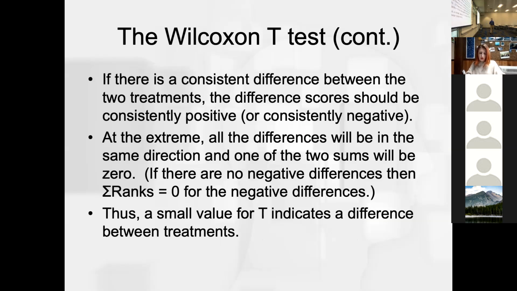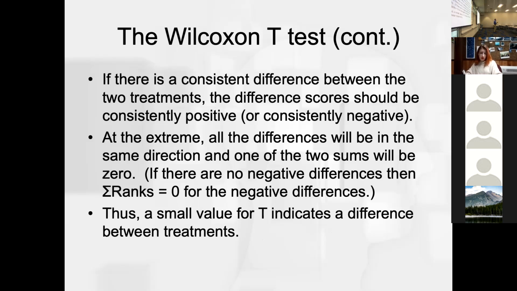If there's a consistent difference between the two treatments, the difference scores should be consistently positive or consistently negative. And at the extreme, all the differences will be in the same direction, and one of those two sums will be 0, right?